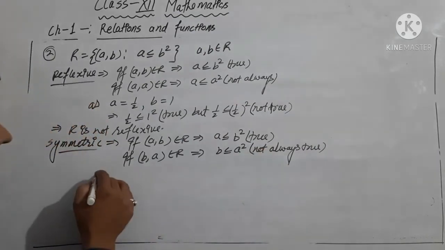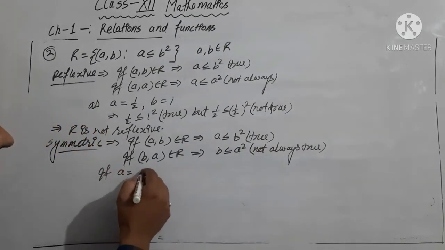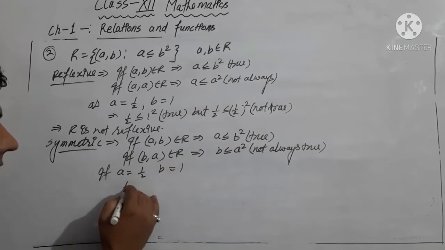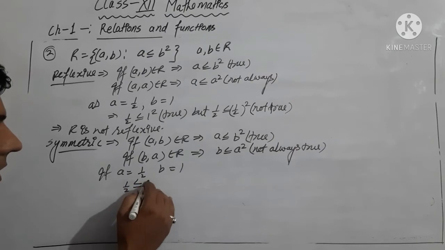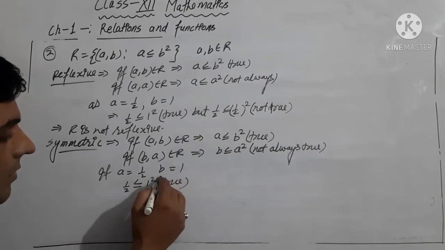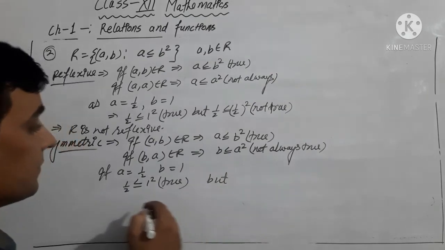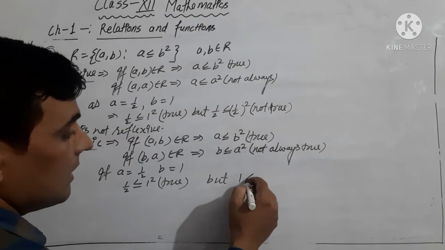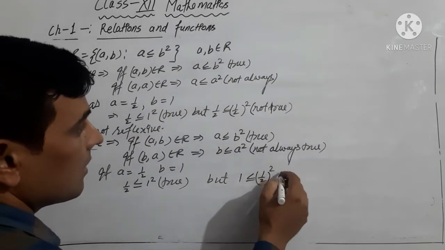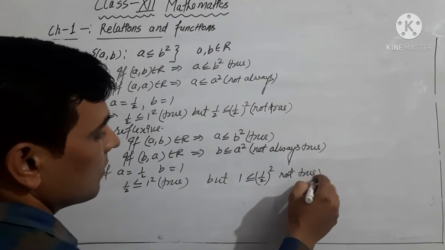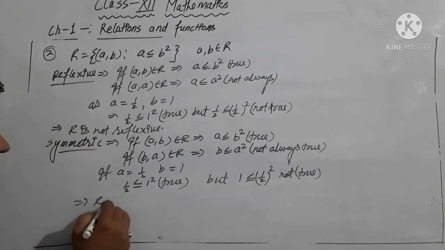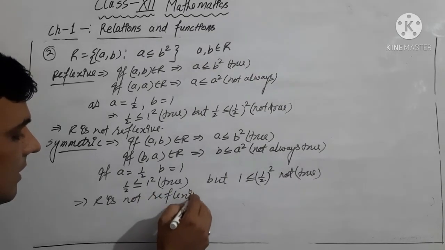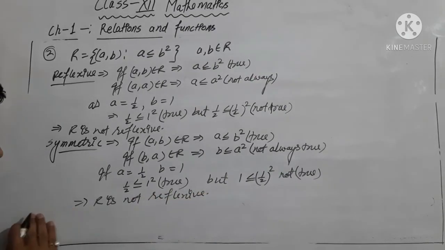If A equals half and B equals 1, then half is less than or equal to 1 square, this is true, but 1 less than or equal to half square, not true. So R is not symmetric. Clear?